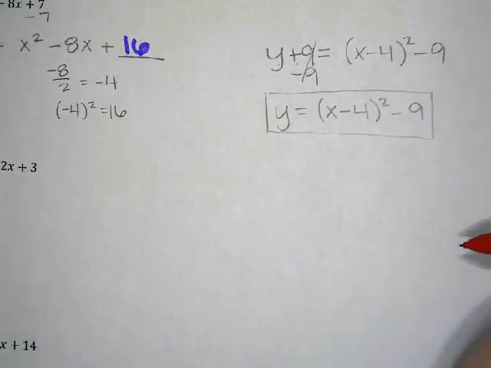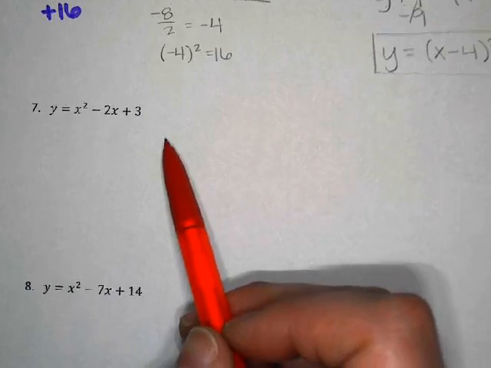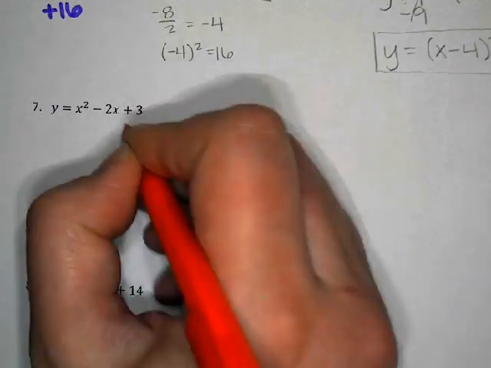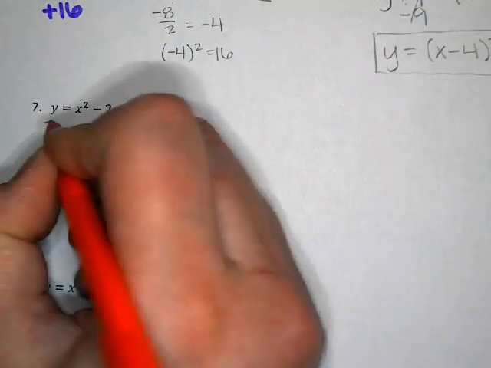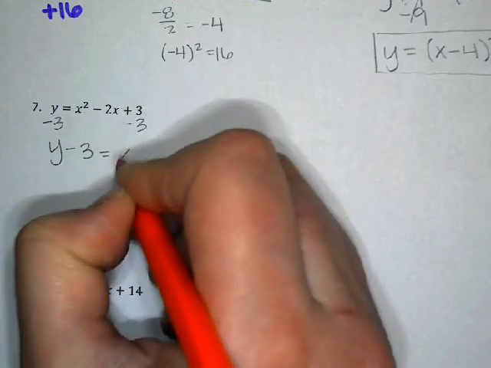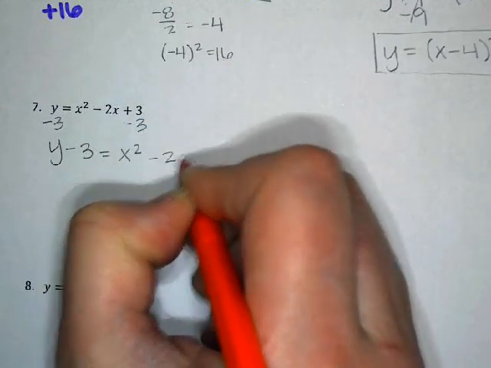Couple more. Okay. How should we start example 7? Subtract the 3 over. Okay. y minus 3 equals x squared minus 2x plus blank. Okay.